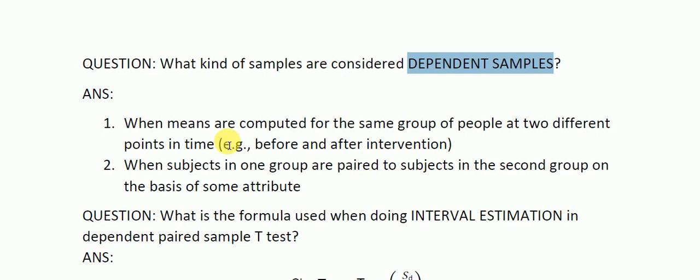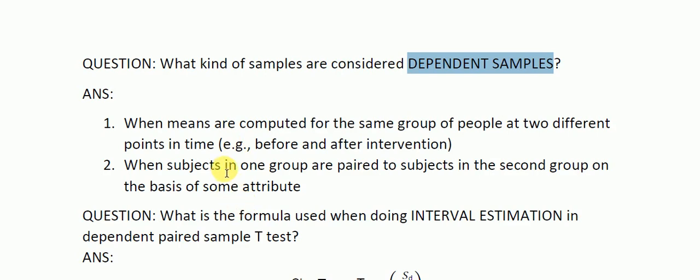If we have a group of people and we perform an intervention upon them, it can be anything ranging from any sort of drug or anything like that. We find out a mean of a particular parameter before, and then we find out the mean of that parameter after that intervention.